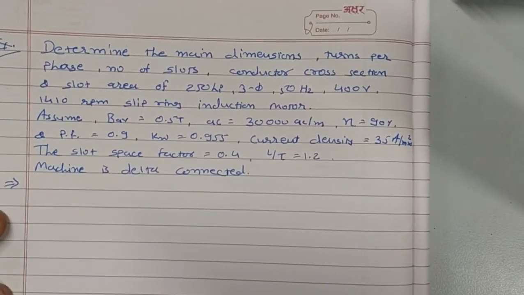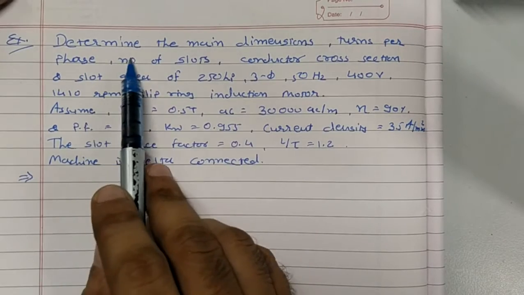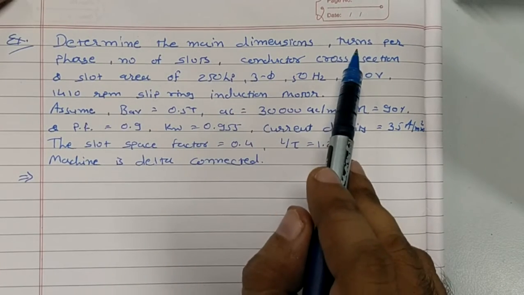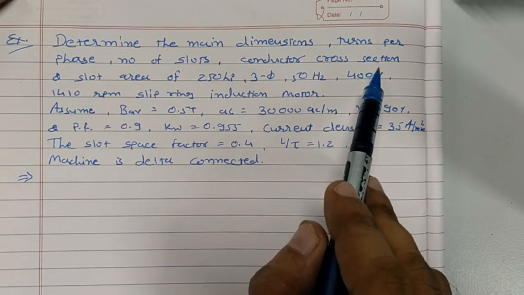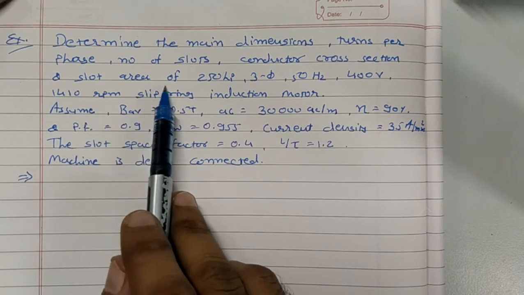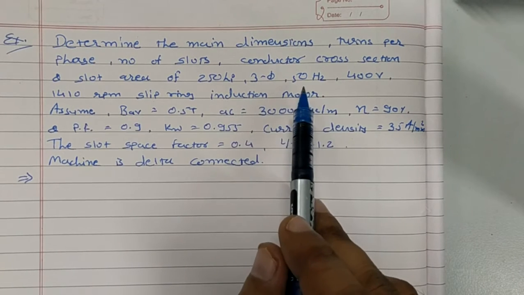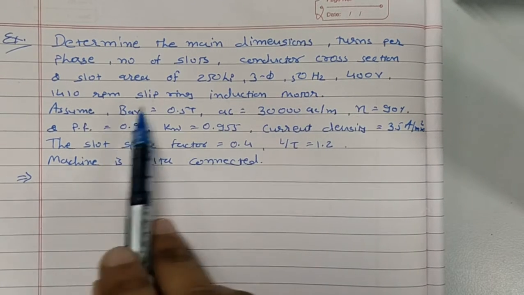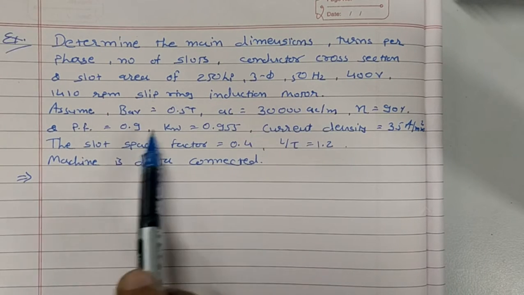So here is the example. Determine the main dimension, turns per phase, number of slots, conductor cross section and slot area of a 250 HP, 3 phase, 50 Hz, 400 volt, 1410 RPM slip ring induction motor.